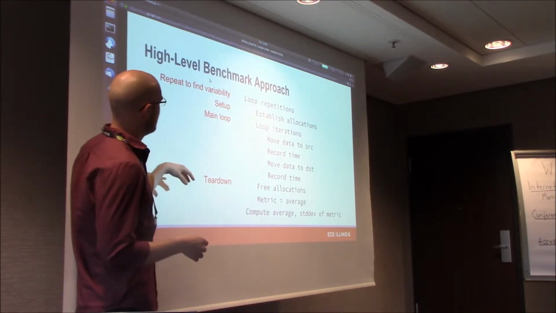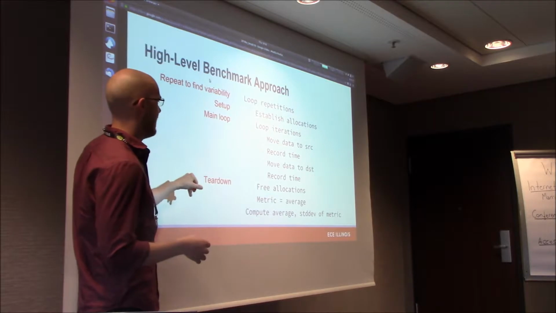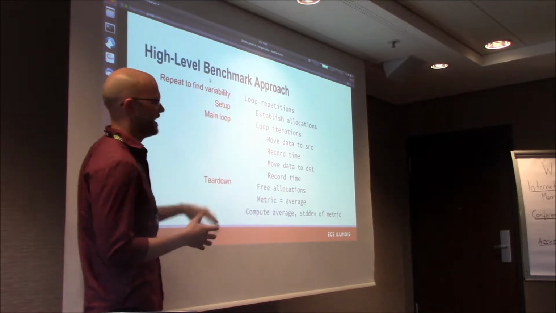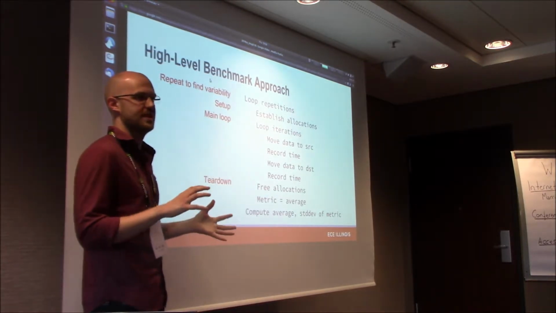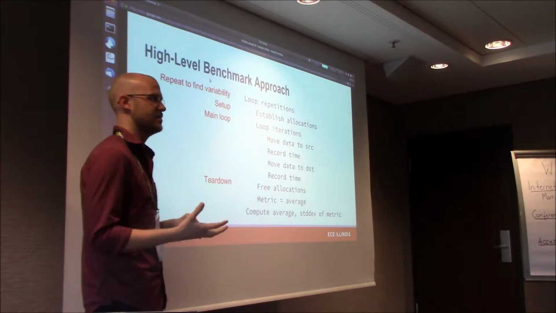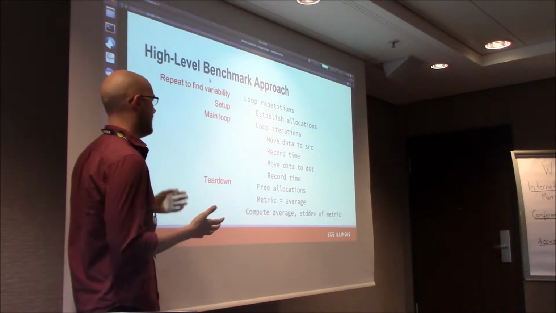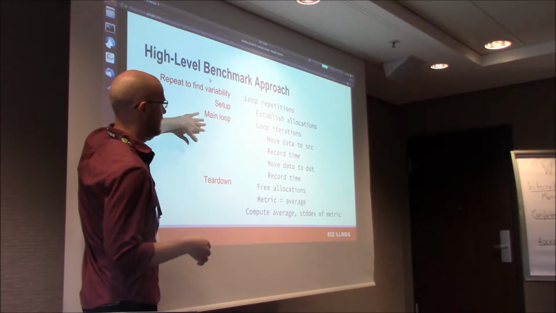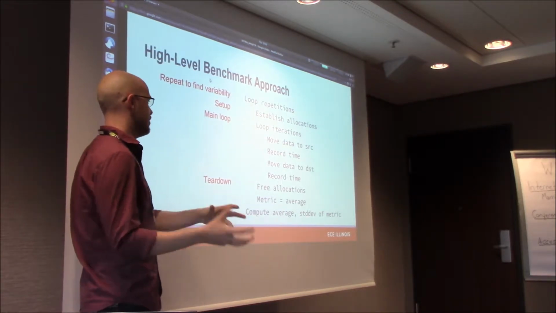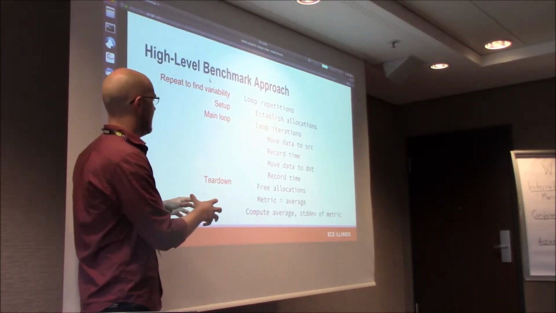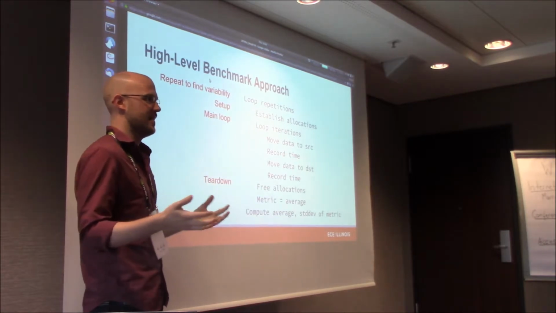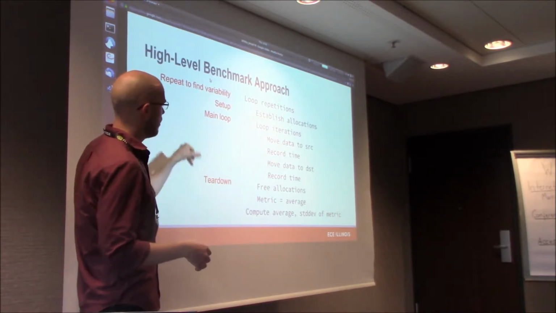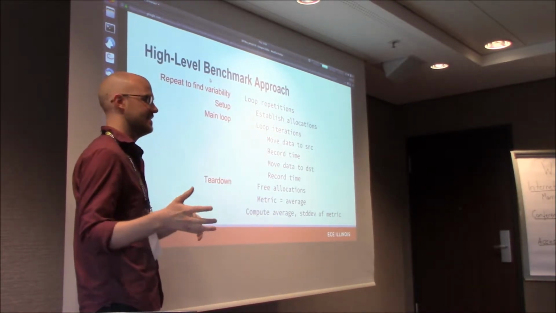But then the normal benchmark, there's like a setup and a teardown. And then in the setup, we're establishing allocations with particular properties and setting up the communication the way we want to measure it. We have a main loop where at first we ensure the data that we're trying to move is at the source. And the way you do that depends on the method, of course. And then we record the time that it takes to move the data to the destination.